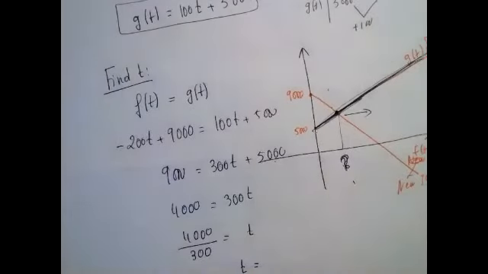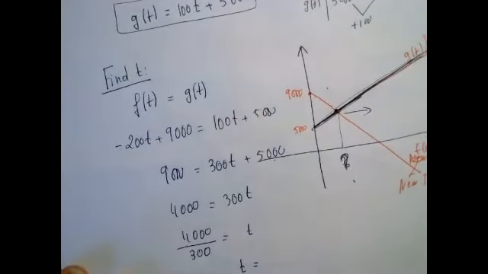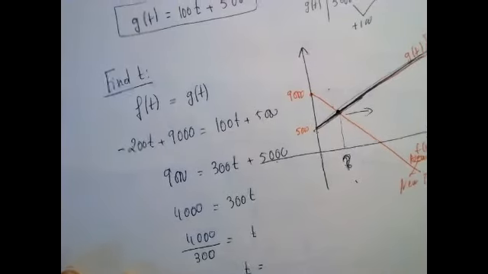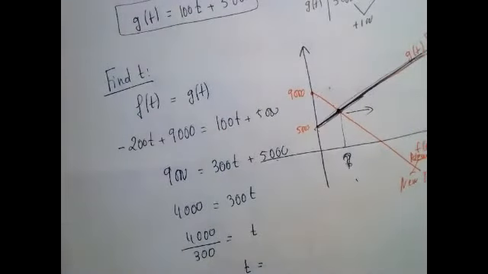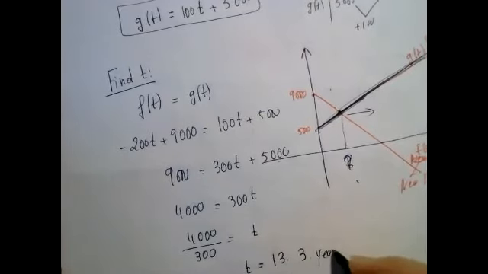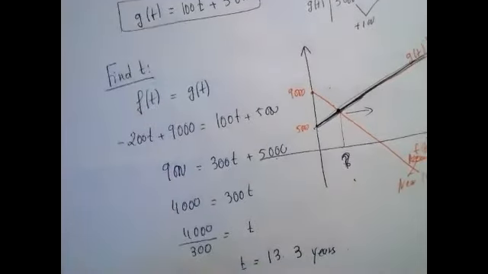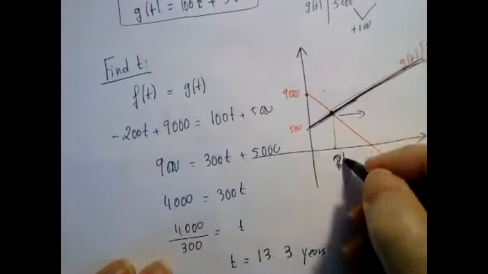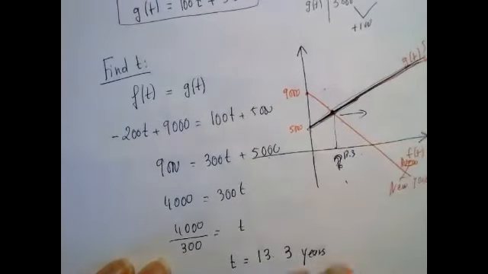We can evaluate this. This time I will accept a decimal in here. It's going to be 40 over 3. So this is going to give me a little bit 12 point something. 13.3 years.